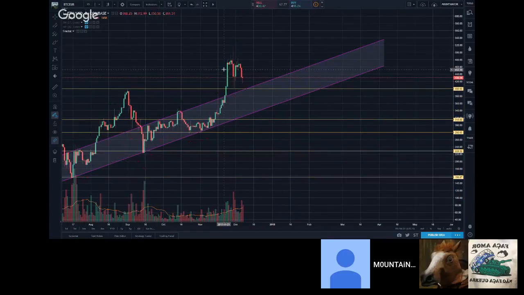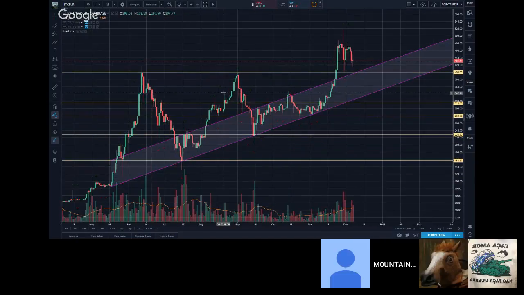In the future, what do we expect for Ether? Well, like I said before, not only with moving averages, but also with channels and trend lines, the market always wants to get back to where it was. You can see back here, eventually we broke out of this channel, we came up, we came back down, we got back into our channel.